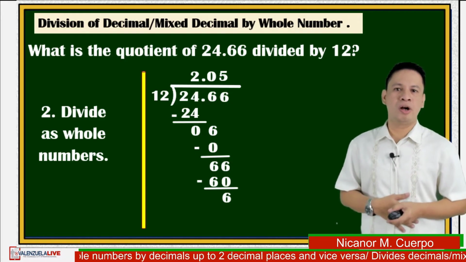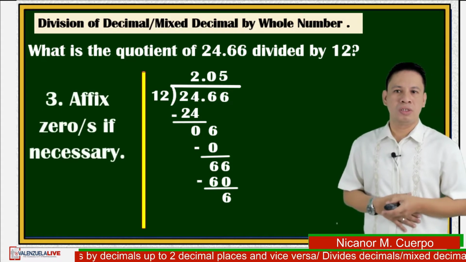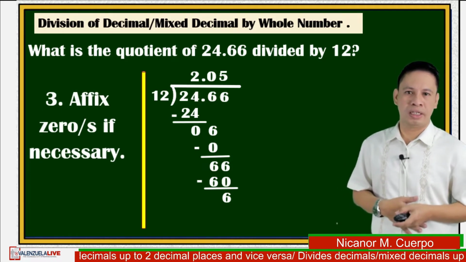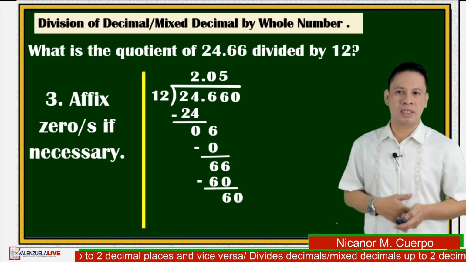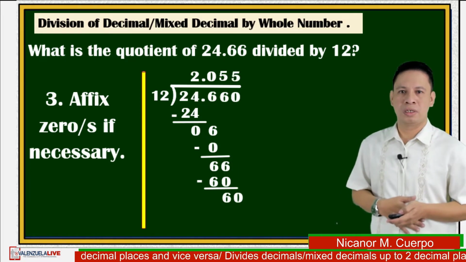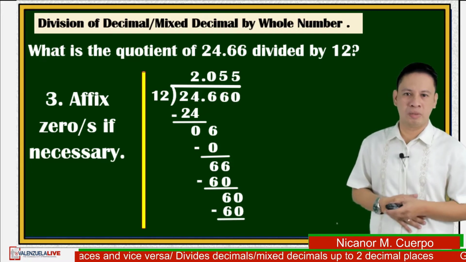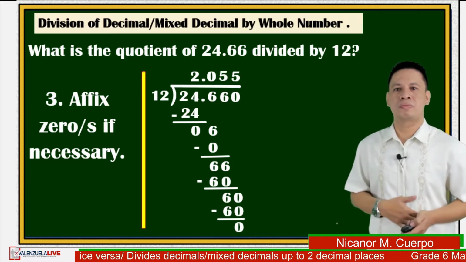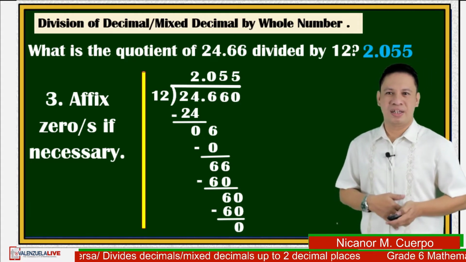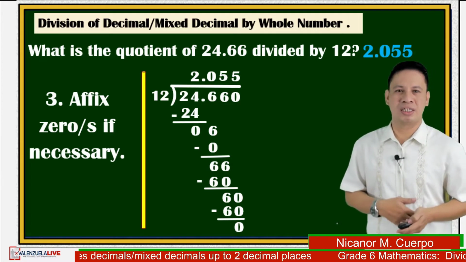Okay, since there are no more numbers to bring down in the dividend, we're going to affix 0 in the dividend. Then bring down. 60 divided by 12 equals 5. Then 5 times 12 equals 60. Then subtract. 60 minus 60 equals 0. Okay. So the answer is 2 and 55 thousandths.